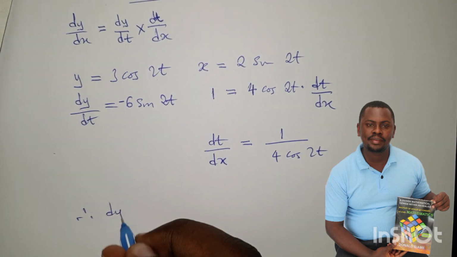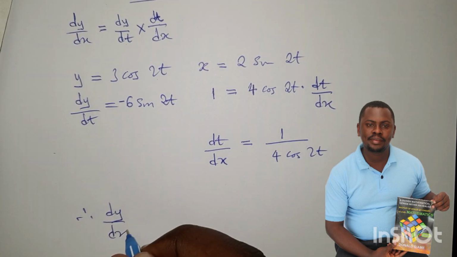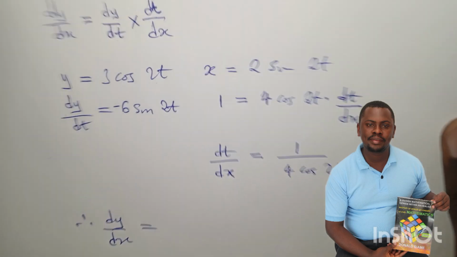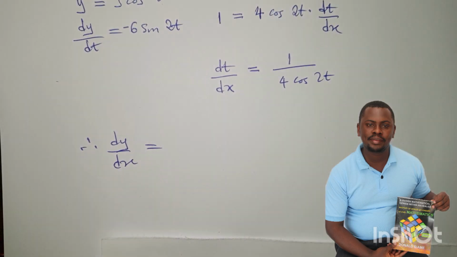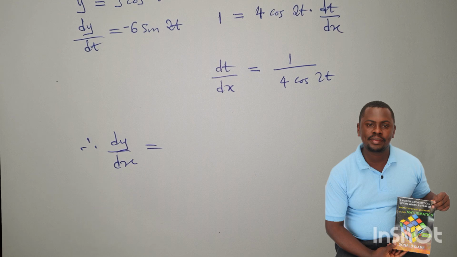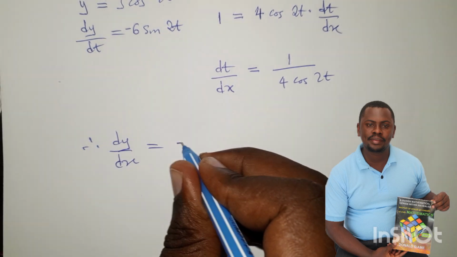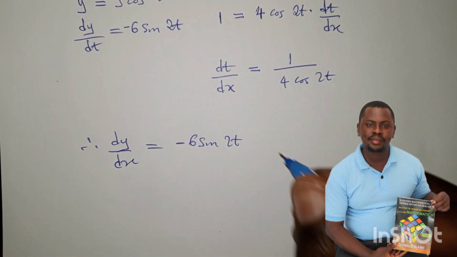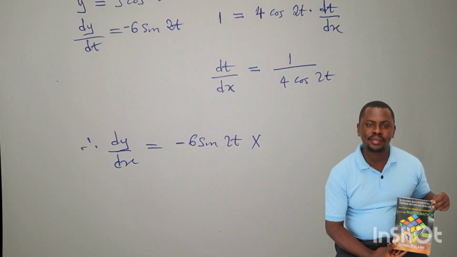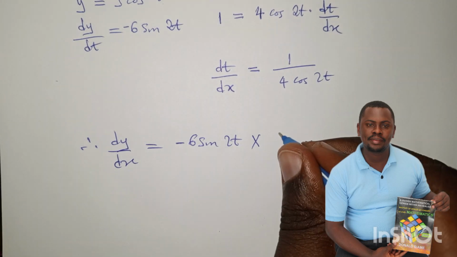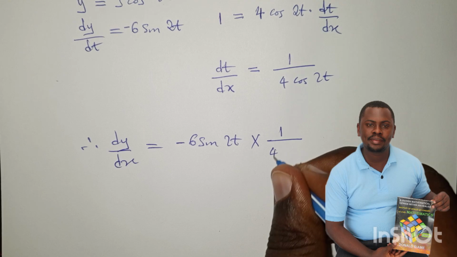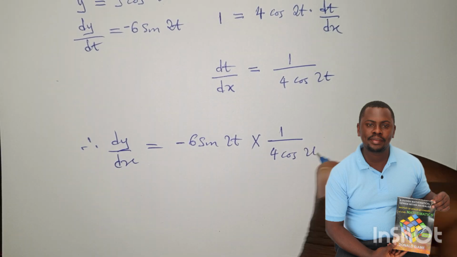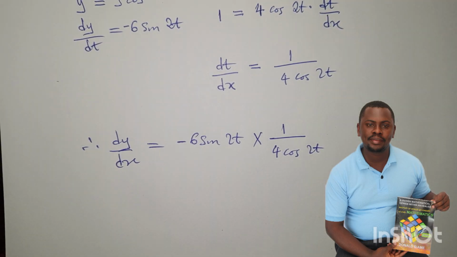Therefore dy/dx is equal to, dy/dt we had minus 6 sin 2t, times dt/dx we have 1 over 4 cos 2t.